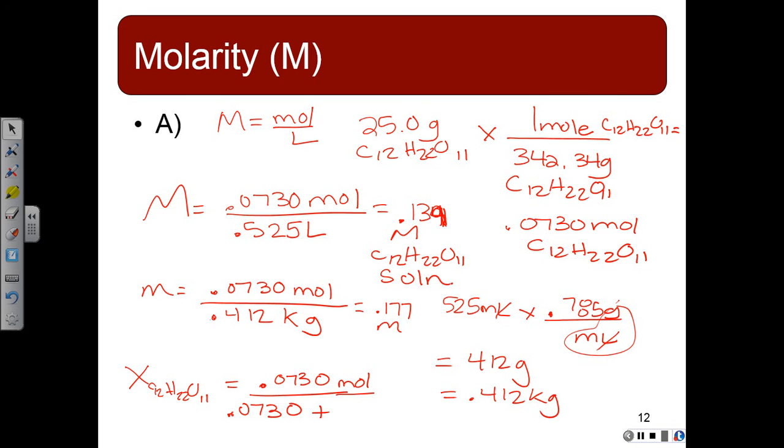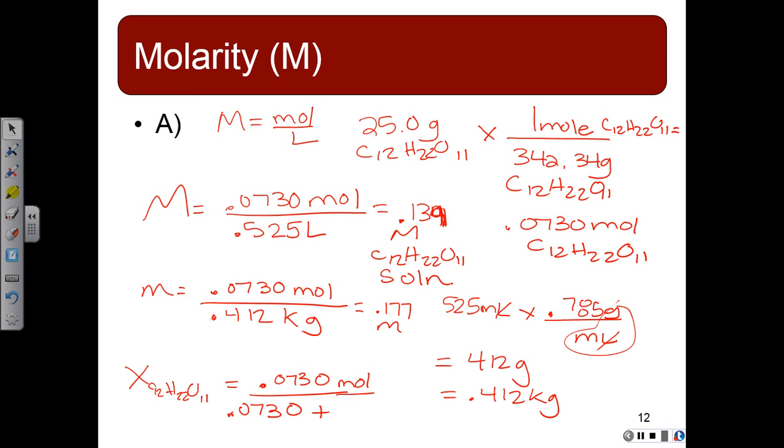The other component of our solution is what? We have sucrose and ethanol. So what should I go back up to that I've already found to get to moles of ethanol? Yeah, go back to the grams. You don't want to go to kilograms, just go back to that 412.